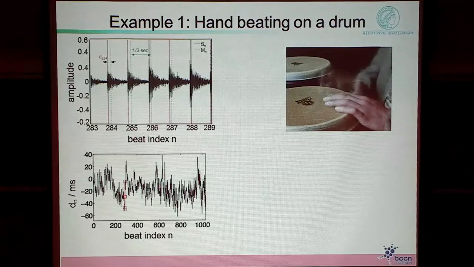Now we want to ask how frequent are certain deviations. So, for instance, plus 40 milliseconds. Plus means the drummer played behind the beat. Negative deviations mean he or she played before the beat. So how frequent are certain deviations?